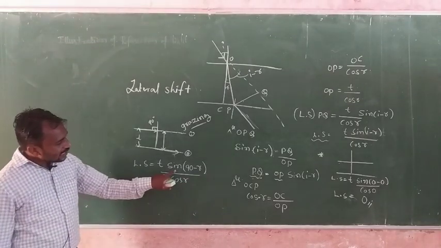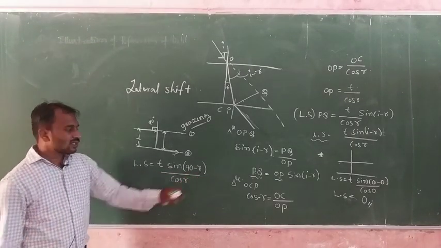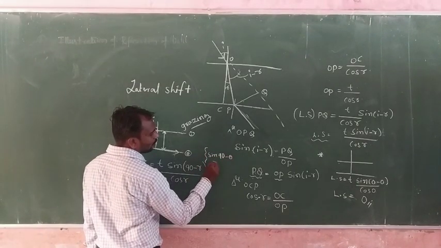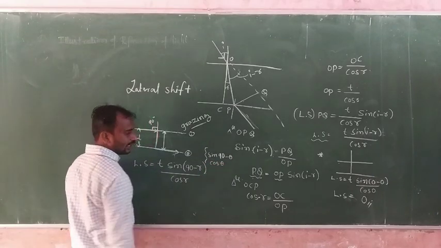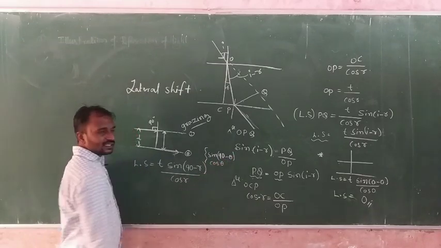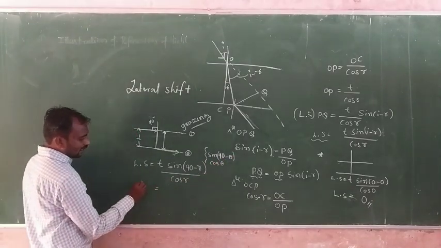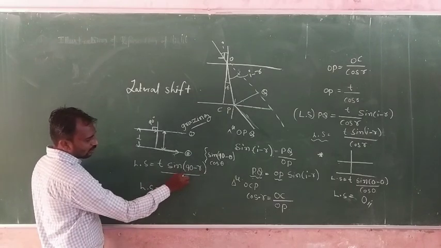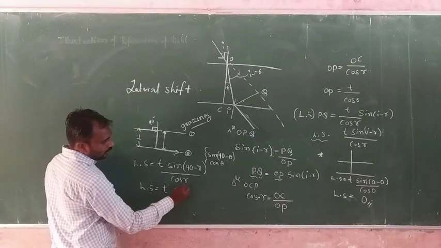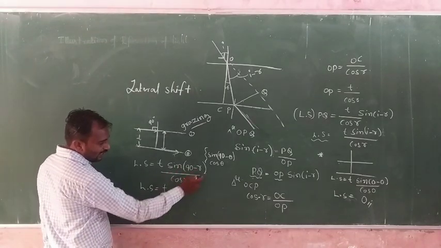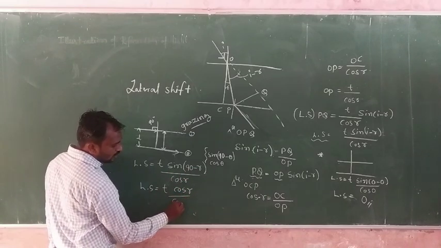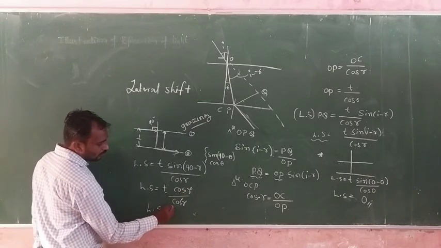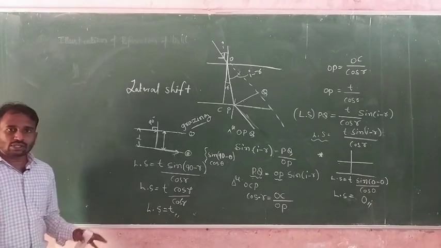We already know that sine of 90 minus theta is cos theta. So the lateral shift is equal to sine of 90 minus R, which means cos R, divided by cos R. So the cos R cancels, and the lateral shift is equal to T, where T is the thickness of the glass slab.